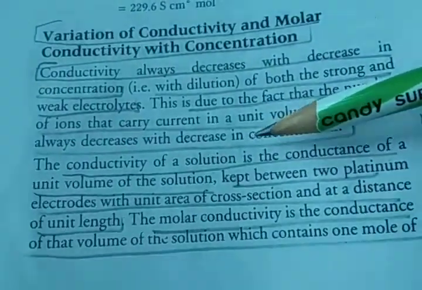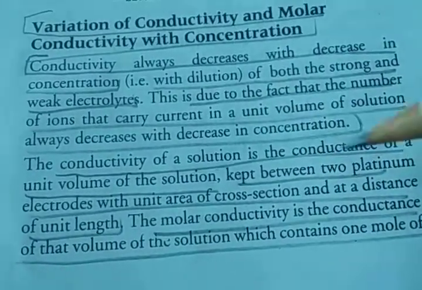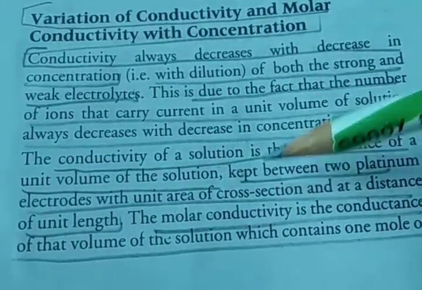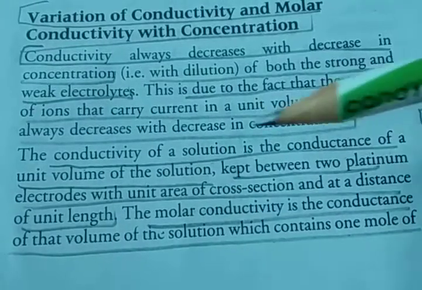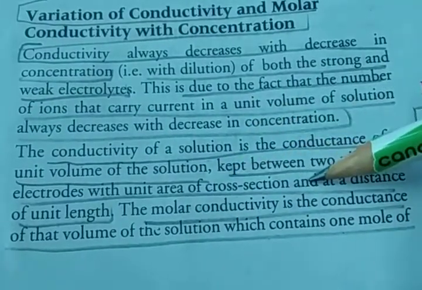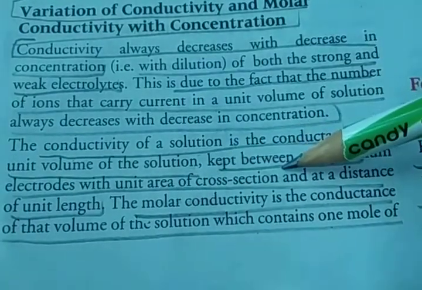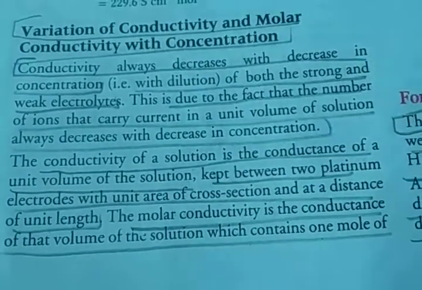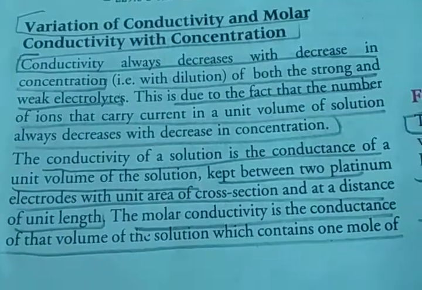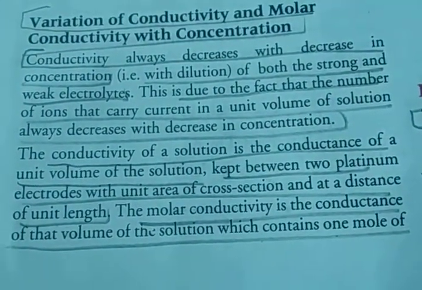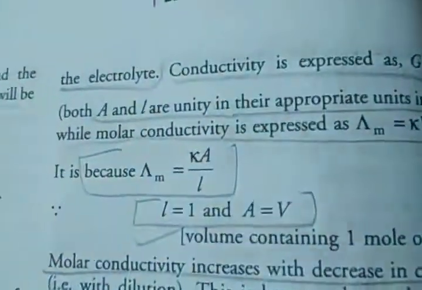So conductivity of the solution is the conductance of unit volume of the solution kept between two platinum electrodes with unit area of cross section and at a distance of unit length. Molar conductivity is the conductance of that volume of the solution which contains 1 mole of the electrolyte.